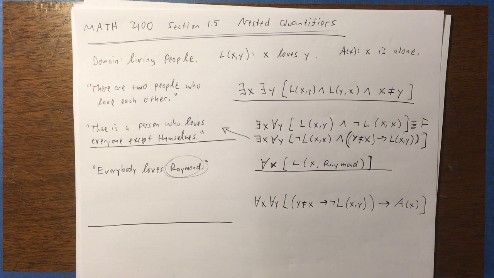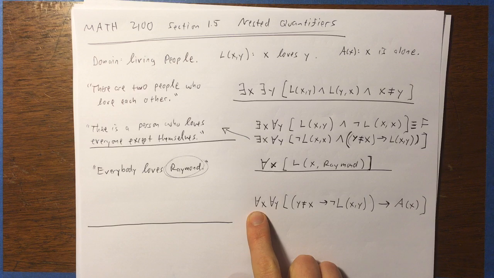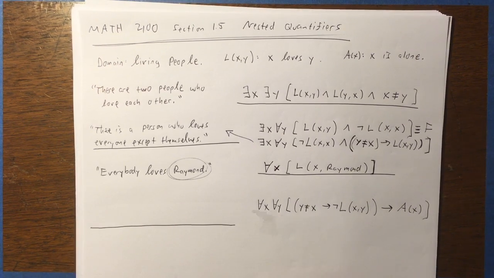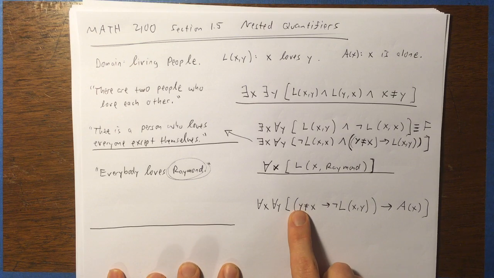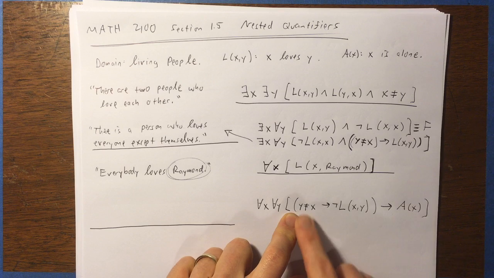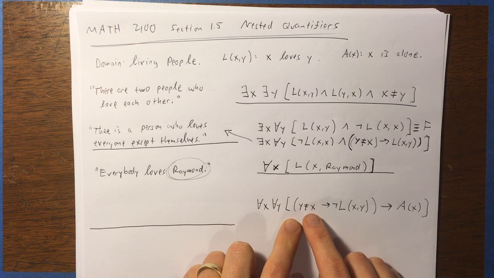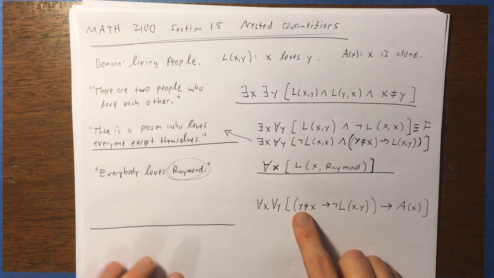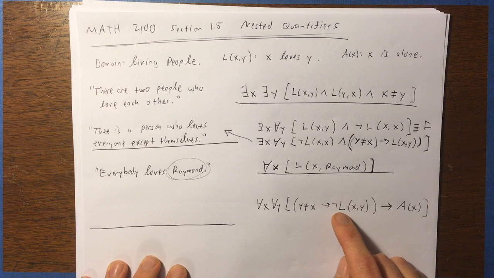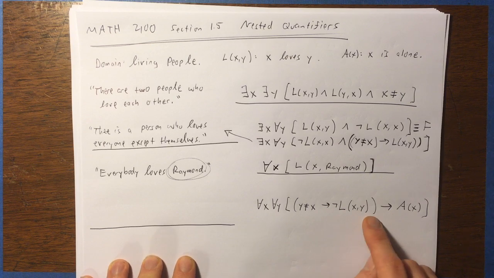Now let's talk about the last one. The last one here is quantified universally in both cases, for all X and for all Y. So this is a statement that's supposed to be true for any two people, including possibly a person with themselves, except that part of our implication statement, part of the hypothesis, is if X is not equal to Y, then not L of XY.